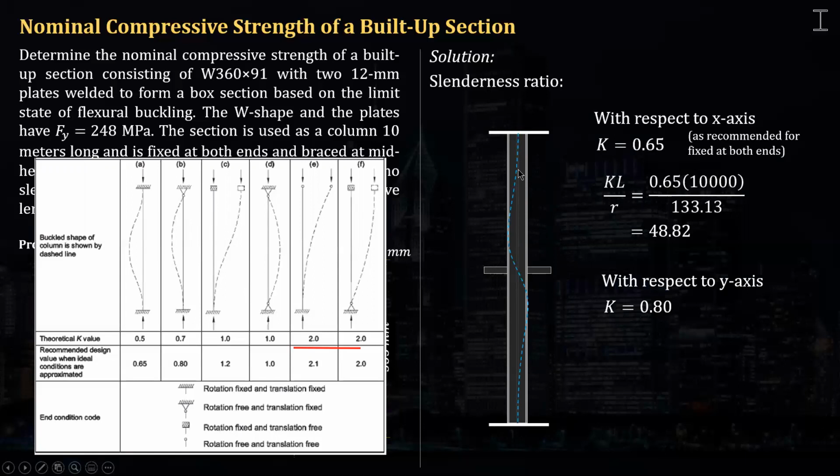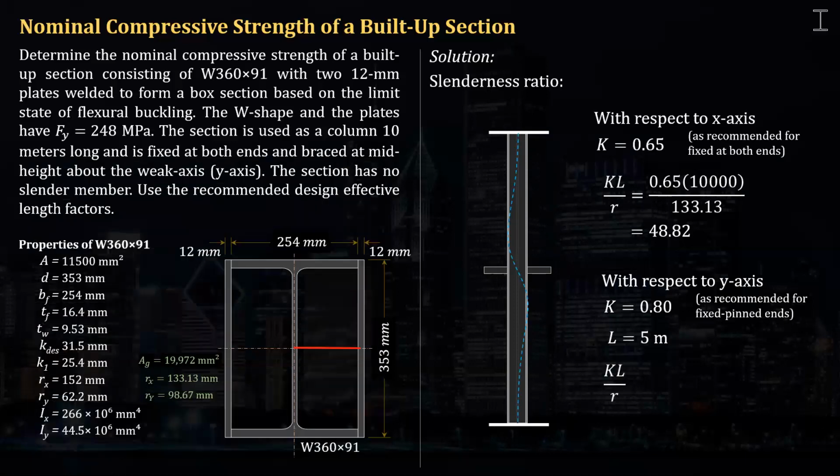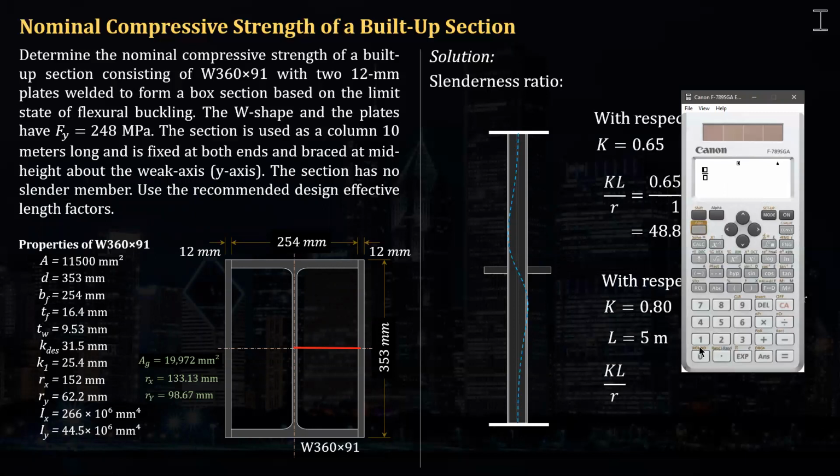And of course, the unbraced length here, L, is equal to half because this bracing is at the mid-height. So the total length is 10 meters, half of the length, that is 5 meters. So solving for KL over R, that must be equal to 0.8, the recommended K, times the unbraced length, 5,000, over Ry of the built-up section, 98.67.